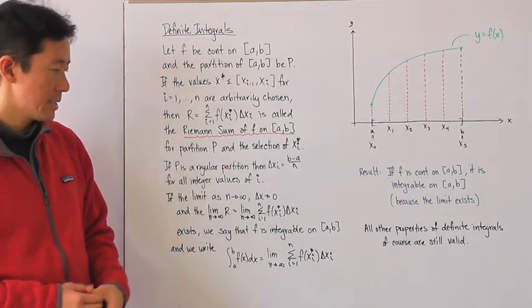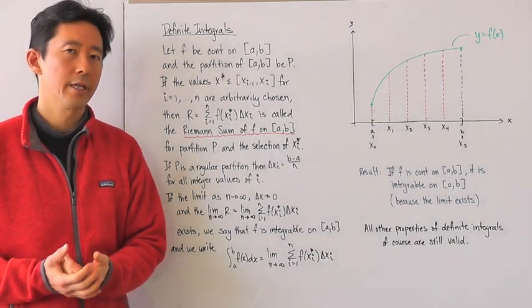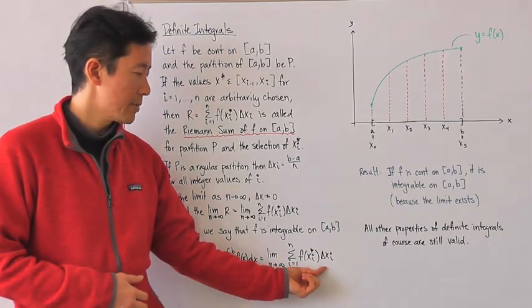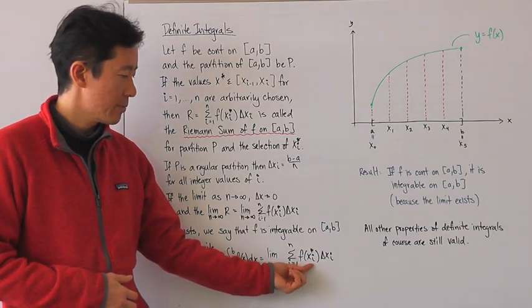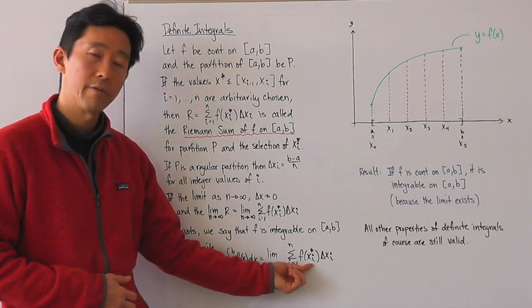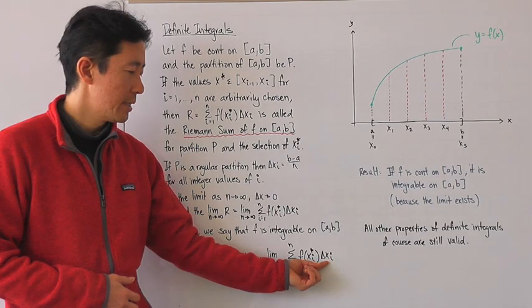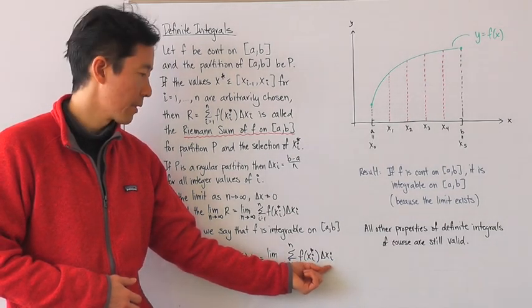So now let's take a look at some of the things, hopefully, that you can now make connections to. Notice that when we talked about this part over here, it was the height of the rectangle, and this part over here was the width of the partition.